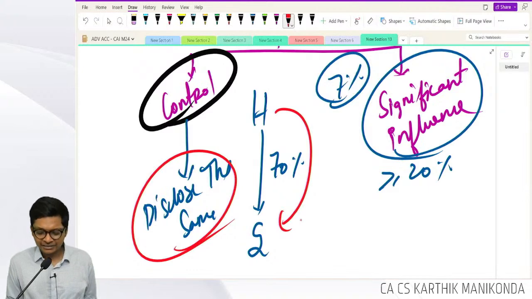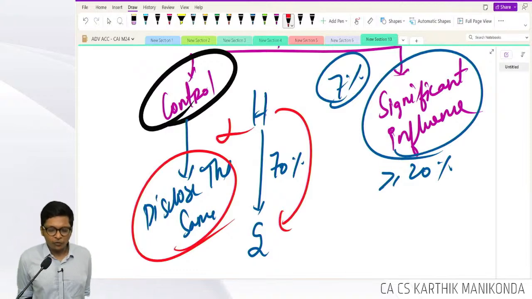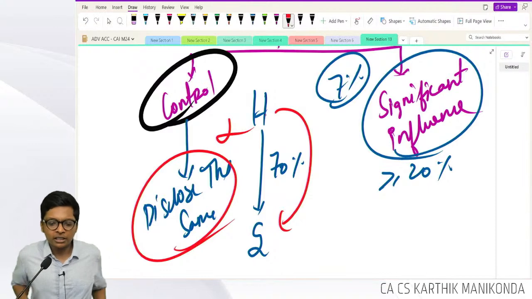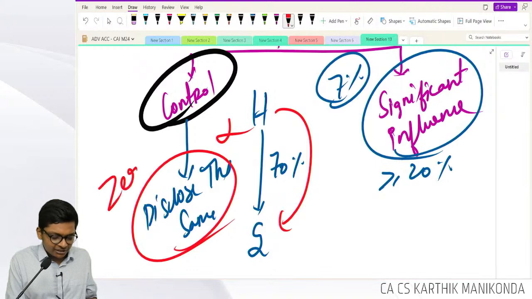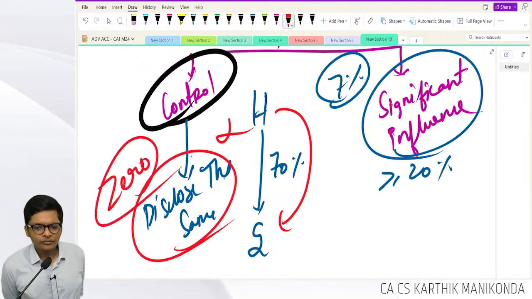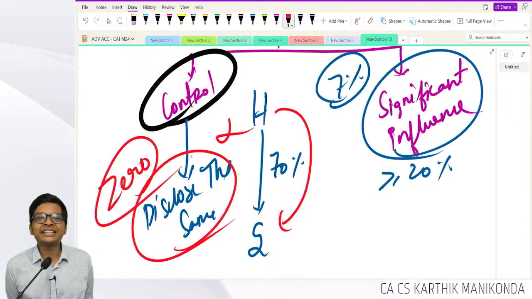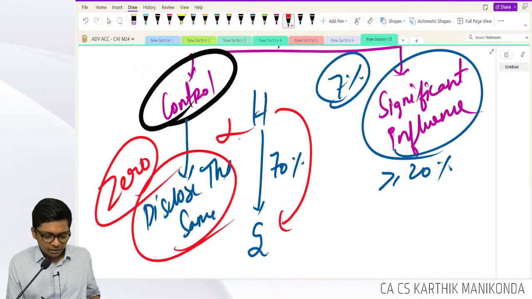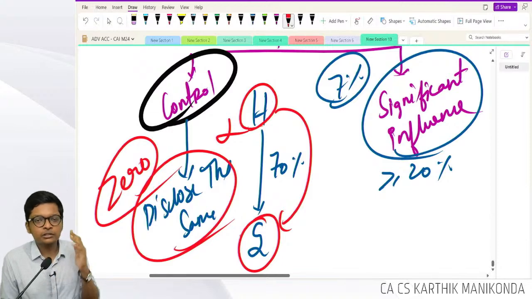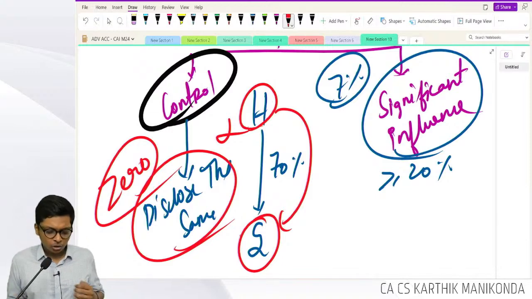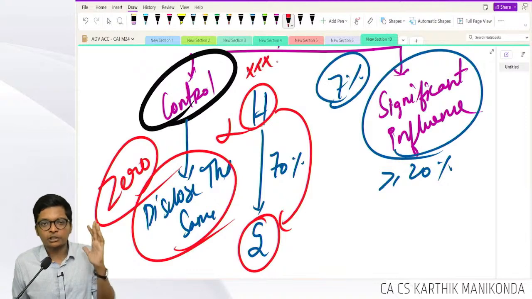Even if there are no transactions for the whole year between holding and subsidiary, the number of transactions being 0, I disclose that the number of transactions between holding and subsidiary is 0. Even if there are some transactions, I have to disclose.